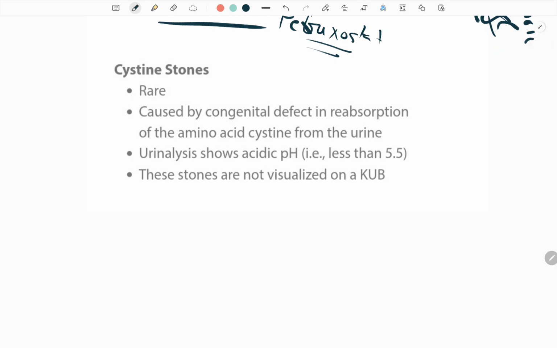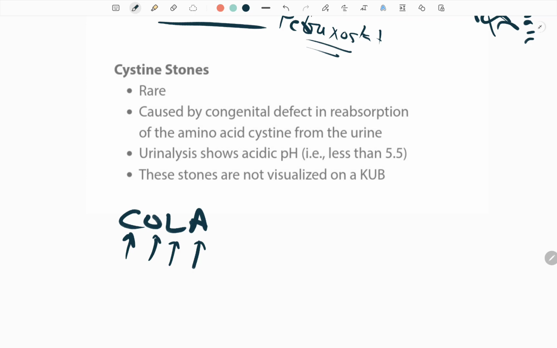It is rare, and cystine is formed by putting two cysteines together. The cystine stone is usually hexagonal in shape and can occur in young adults due to an inability to reabsorb the COLA amino acids, the dibasic amino acids, which are cystine, ornithine, lysine, and arginine.